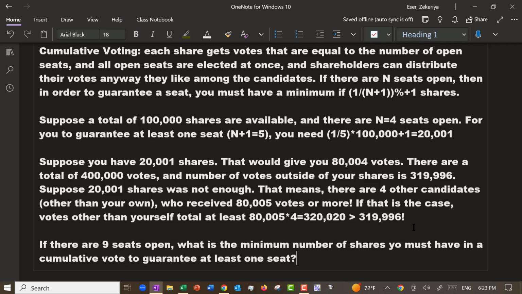Who's going to tell me that? 9 seats are up for election. It's cumulative voting. There are 100,000 total shares available. What's the minimum you can get away with?